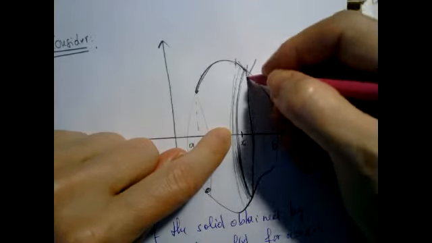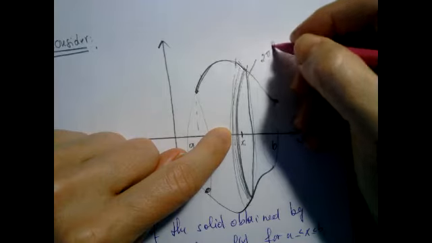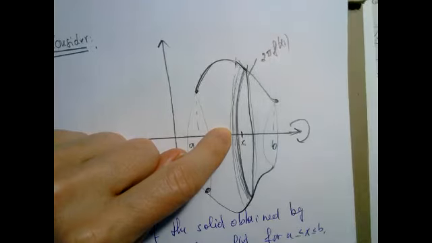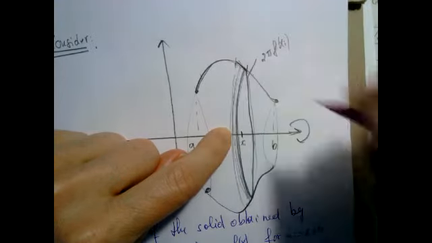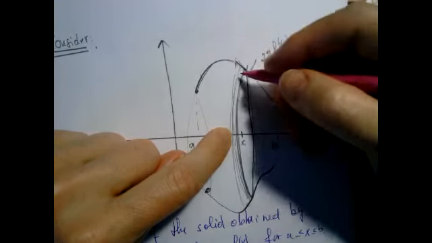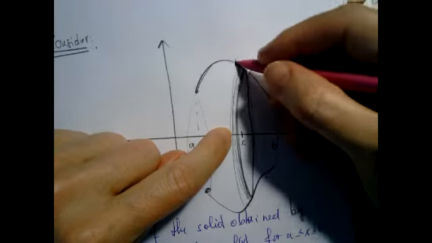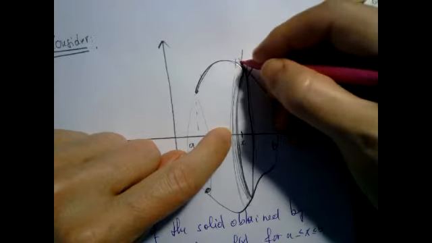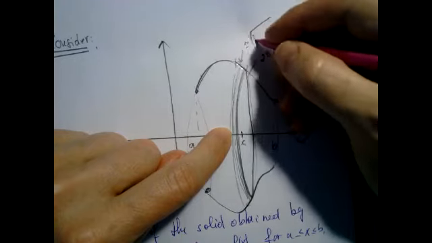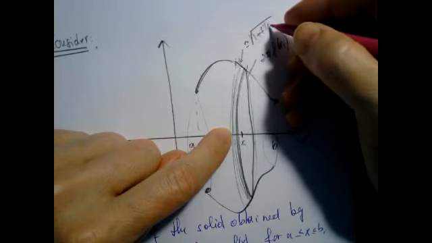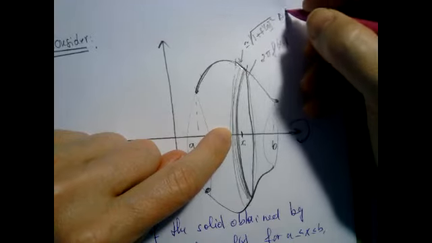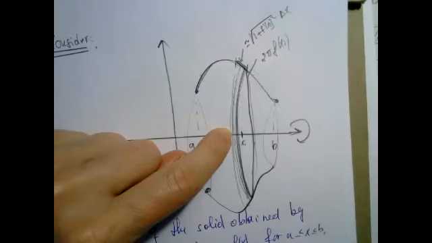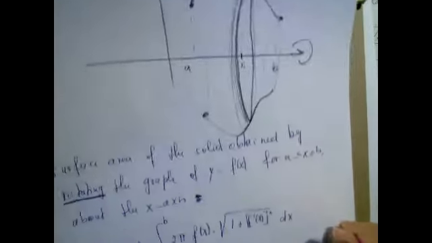The circumference is 2 pi times f of xi. The length from here to here, and that's where I'm waving my hand a little bit, you can think of this as a height. This is almost equal to the square root of 1 plus f prime of xi squared times the delta x, because that's the arc length that we got before.